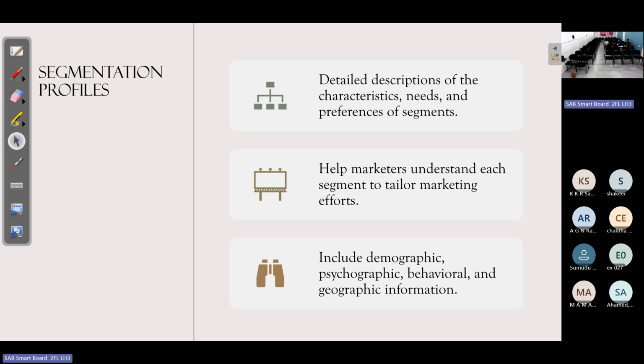That means it's simply a profile or detailed description of each segment. So we will be including information in terms of numbers and percentages. That is helpful for marketers to identify which type of product to produce and how to market it. So that's what we call a segmentation profile.